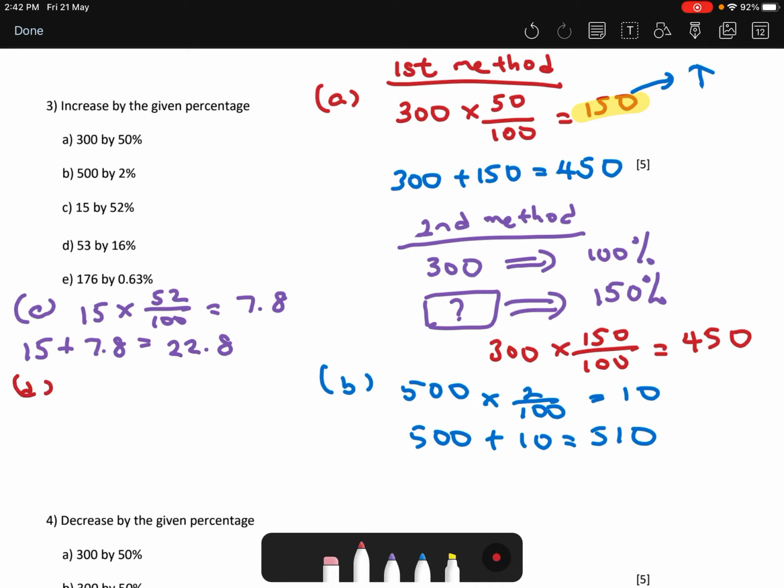D, 53, I increase by 16 over 100. You should get 8.48. Okay, so 53, you add with 8.48. You should get about 61.48.